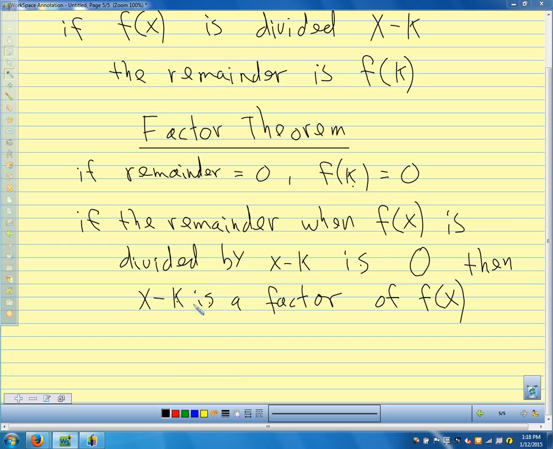Or the other equivalent things that we said, if f of k is 0, x minus k is a factor, what else does that tell us? Our function equals 0 at a point. What other piece of information do we have? The x-intercept. Very good. That tells us that the point k, 0 is an x-intercept.